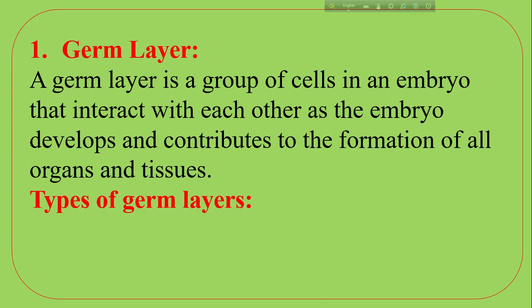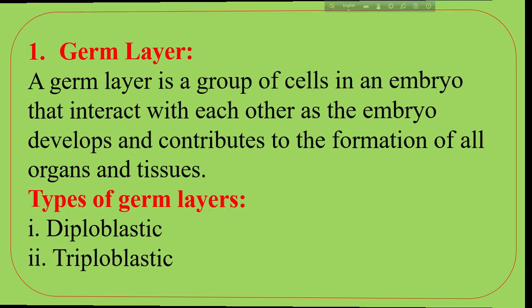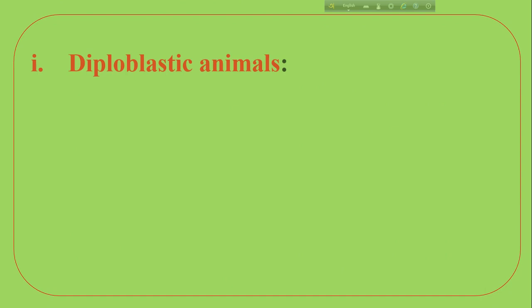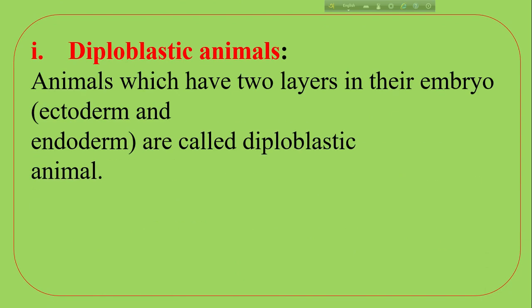Types of germ layers, two types. Number 1, diploblastic. Number 2, triploblastic. Diploblastic animals: animals which have two layers in their embryo are called diploblastic animals.